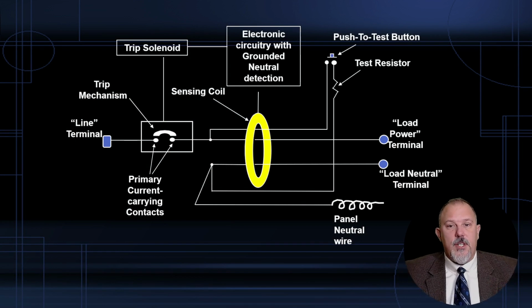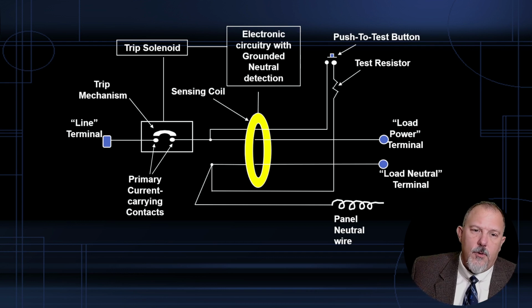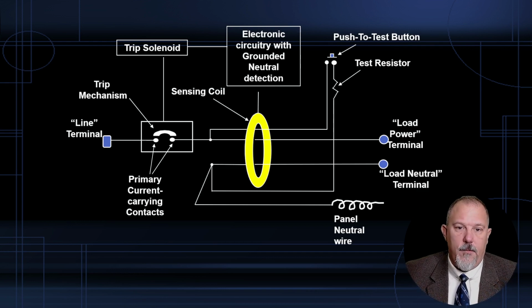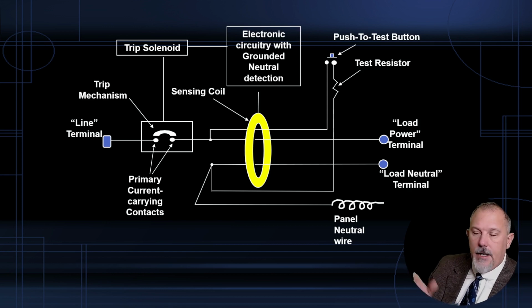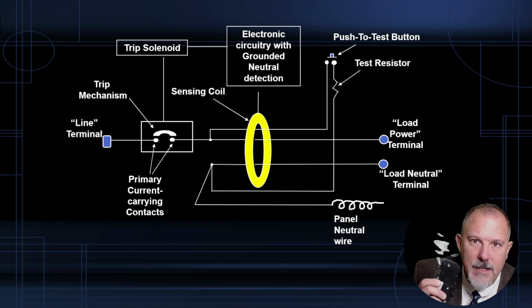Okay, so this is basically a little bit of a one-line diagram for a circuit breaker type GFCI. And you'll notice right here is the pigtail. Why do we call it a pigtail? Because it looks like a pigtail.